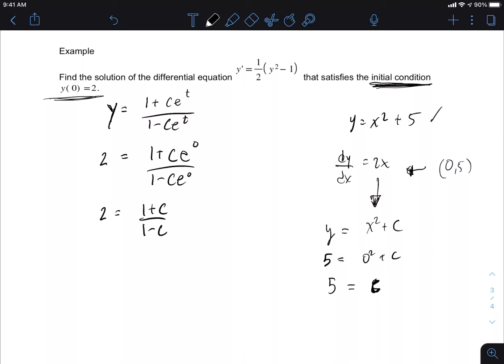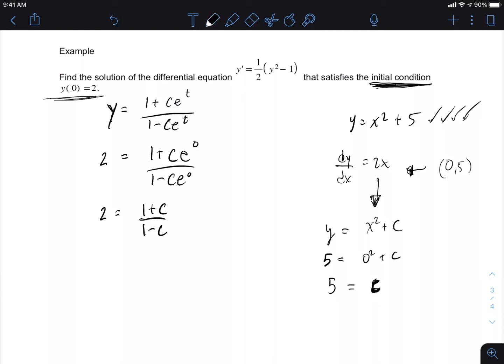Which gives us the actual equation. Do you see that? Once we have c, here's what the solution was in general, but with the initial condition we were able to find c, which took us back to what the actual function was.